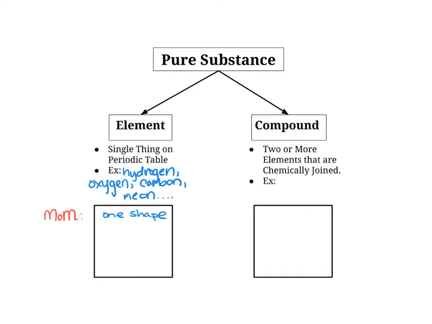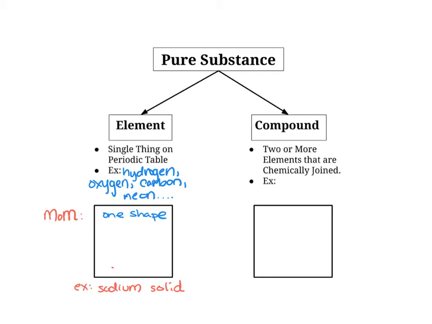So for example here, if I was going to draw an example of an element, let's do sodium. And let's draw it as a solid. I'm going to draw sodium as one shape. And then as we talked about at the beginning of this video, solids are always touching and organized.